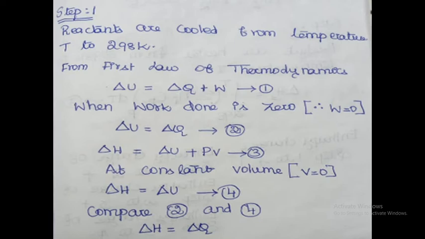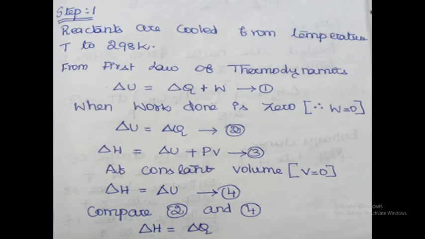When work done is 0, that is W is equal to 0, the internal energy change is equal to the heat transfer. Delta U is equal to delta Q. This is equation number 2. What is the relation between enthalpy and internal energy? Delta H is equal to delta U plus delta PV. This is equation number 3.